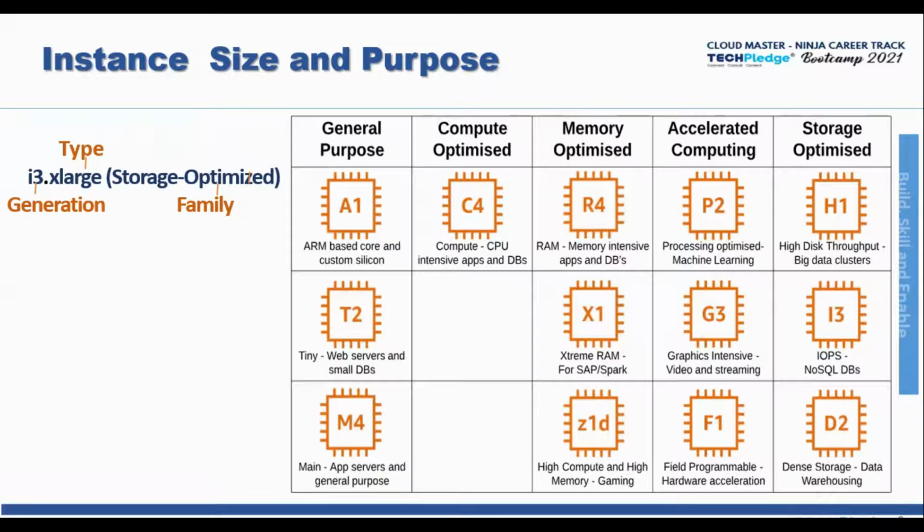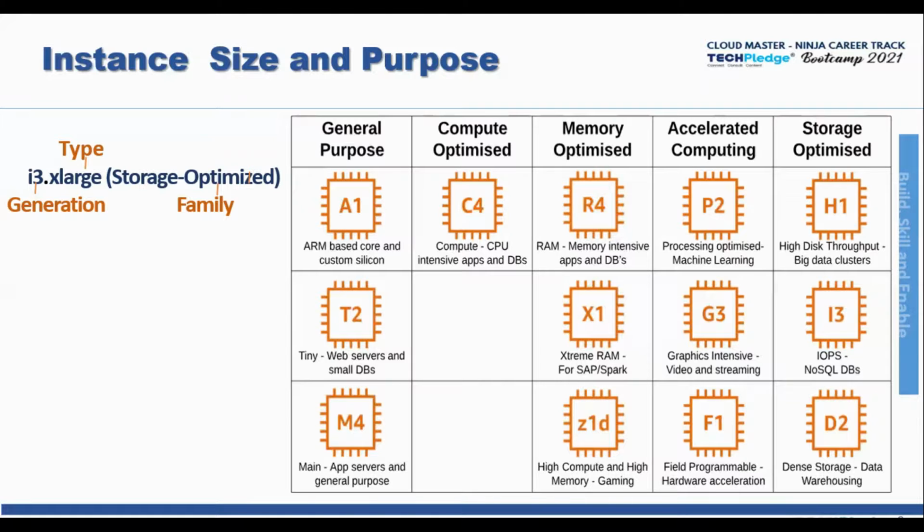So these are the types from A1 to D2, and the details are provided, and the availability is also by region. Some types are for particular regions. For general purpose, ARM based instances are only in Northern Virginia, Ohio, Oregon and Ireland regions.